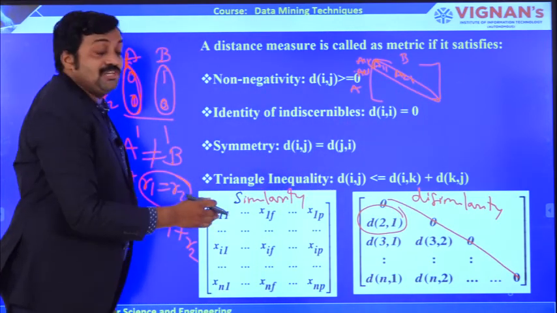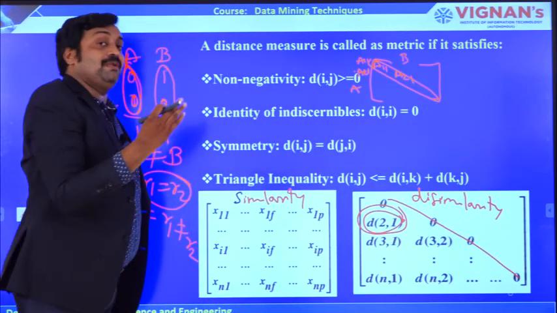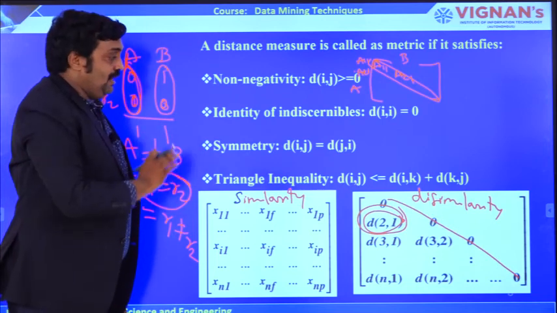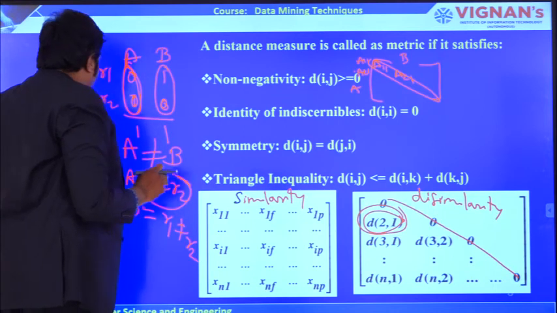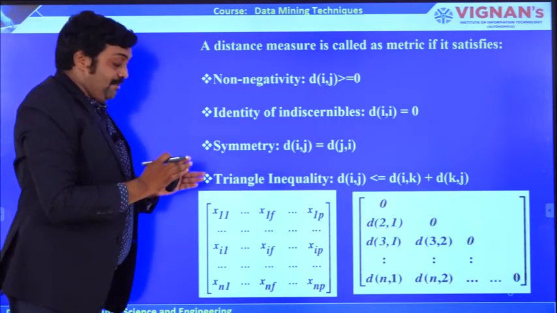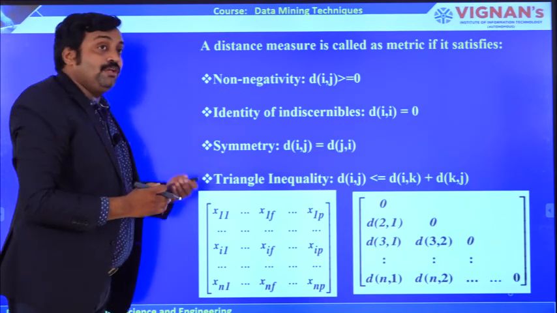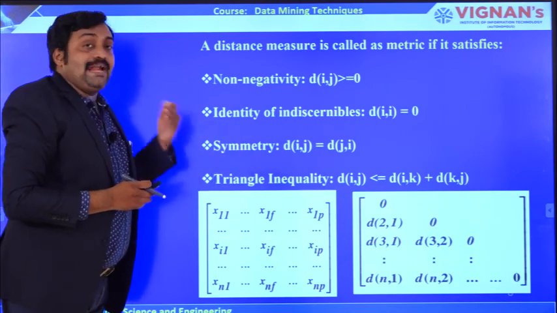So the diagonal value is always 0, and we get the dissimilar values by applying Euclidean distance or Manhattan distance to measure the similarity between two objects. This is the way we identify the similarity between two objects. Based on that, we are going to perform operations on the data set.